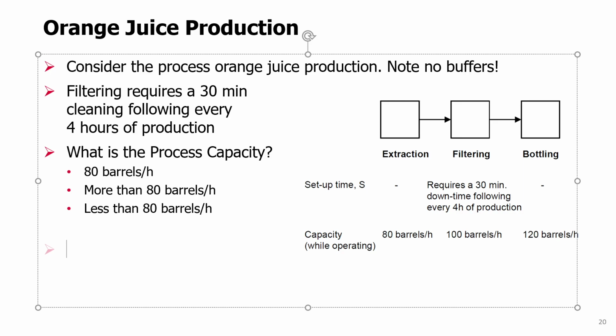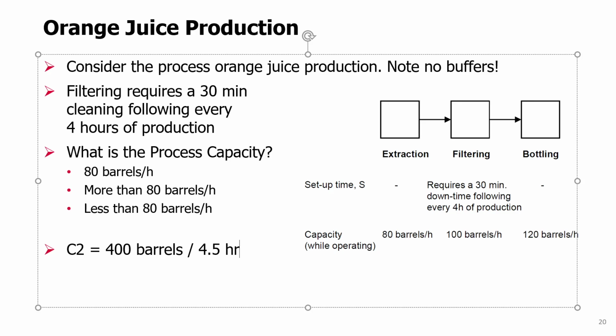calculated as, right, a batch size, kind of batch size would be, during 4 hours at 100 barrels an hour, we can produce 400 barrels. So the capacity of 2 would be 400 barrels over how much time? Over the total time of 4.5 hours, because it takes 4 hours and then we stop for 30 minutes while we do nothing.